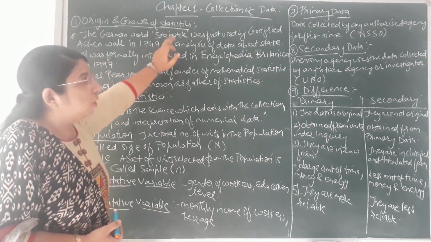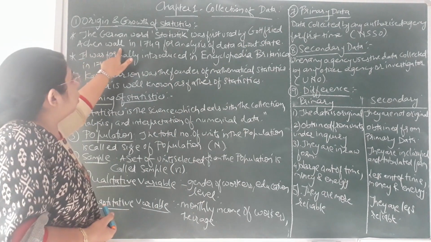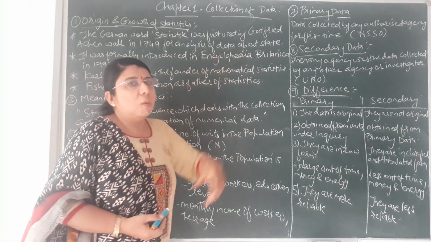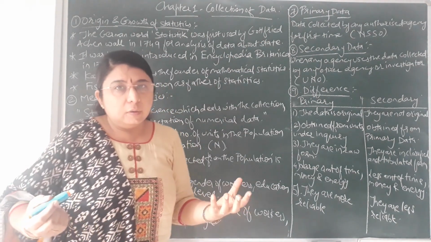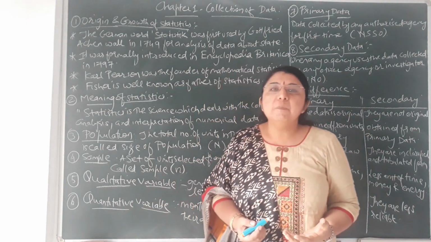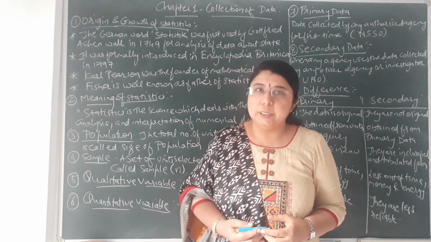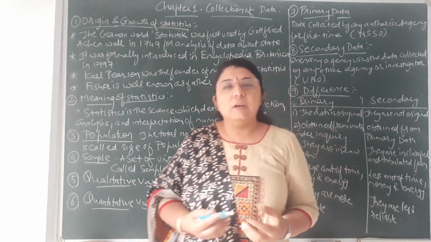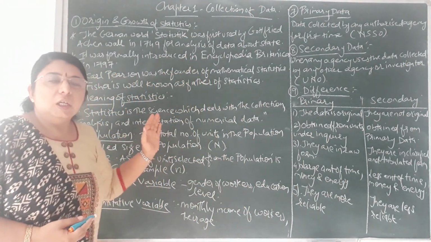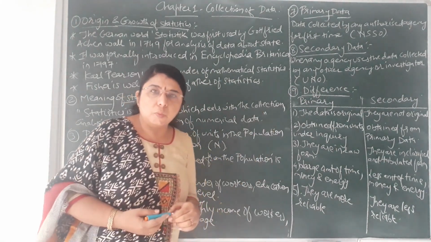Statistic is a German word, used by Gottfried Achenwall in the year 1749 for analysis of data about the state. You know very well that in statistics we collect the data, we analyze the data, and then from the analysis we come to the conclusion or interpretation. That is basically what statistics is about. These points which I have written on the board can be asked in short answers or in MCQs, so these are very important points.